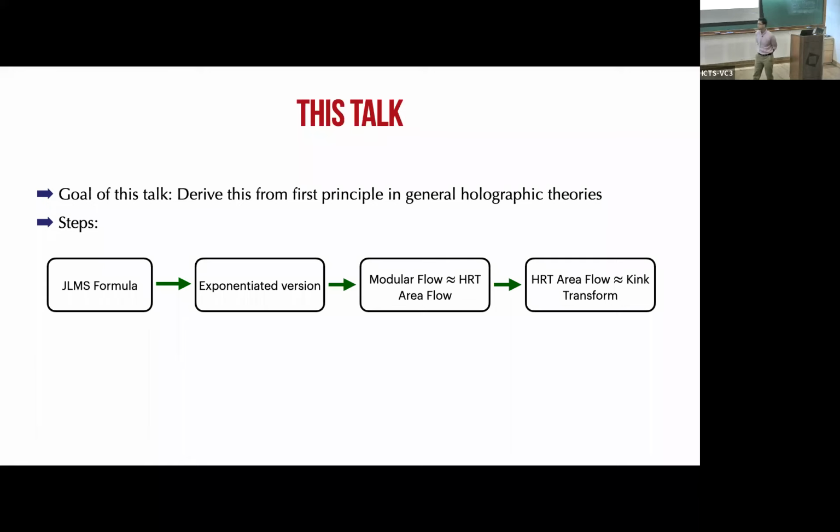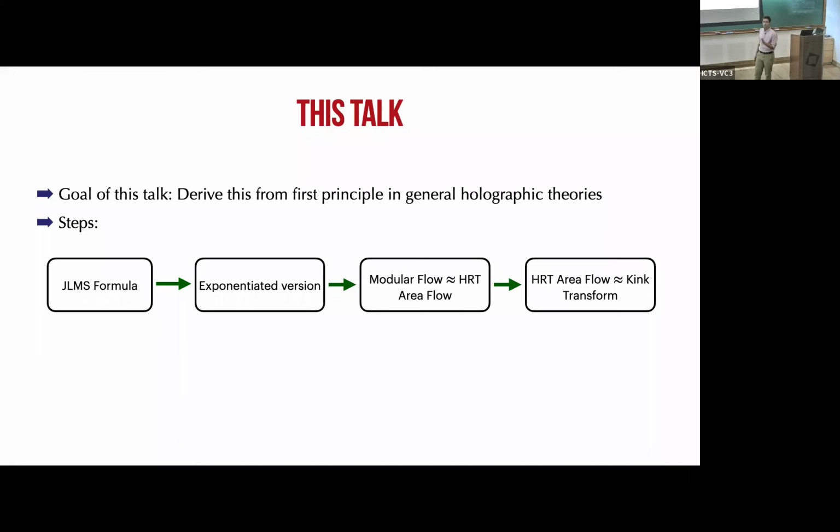Yeah, this will be consistent with that. So okay, good. Your particular point will become important when we talk about this part of the talk, because I'm going to approximate the modular flow just by the area part of the flow, which won't have the property that you just said, because the area generates some kink, but then the singularities of that are cancelled out by the modular Hamiltonian. And there are going to be some caveats that I'll talk about in this context.